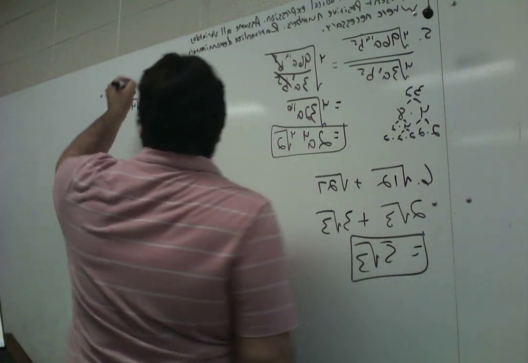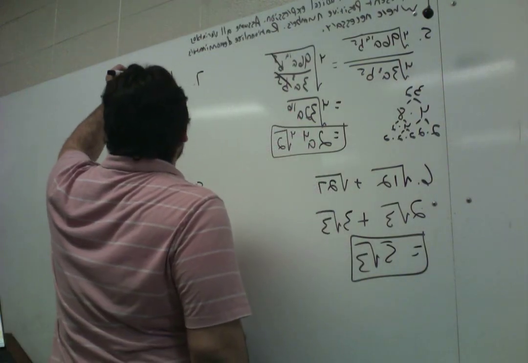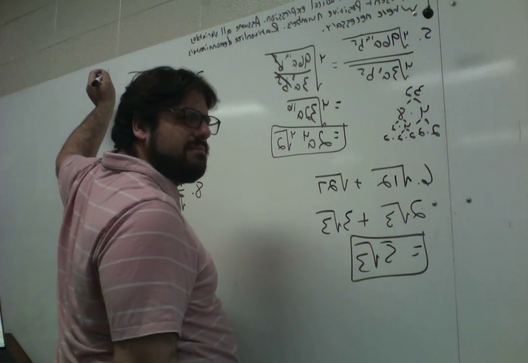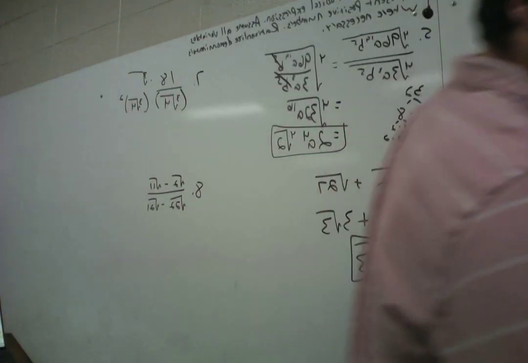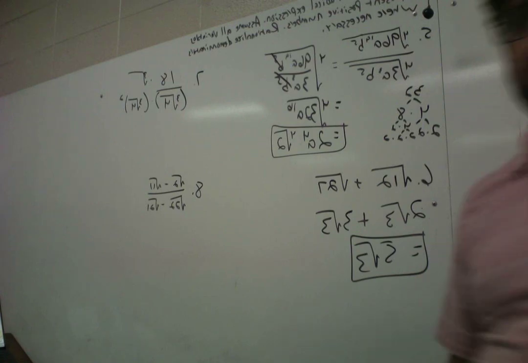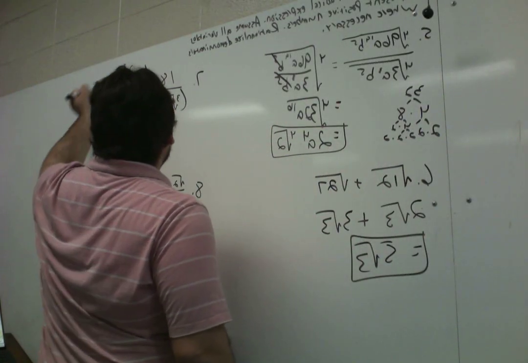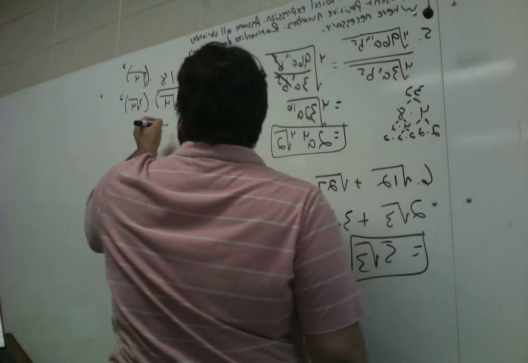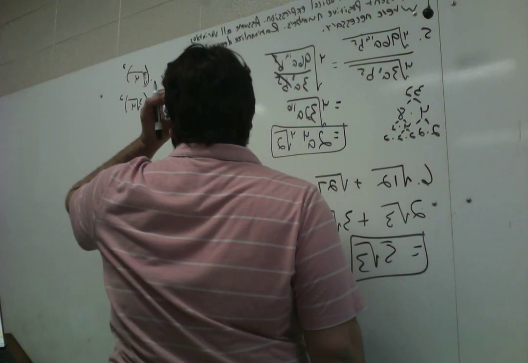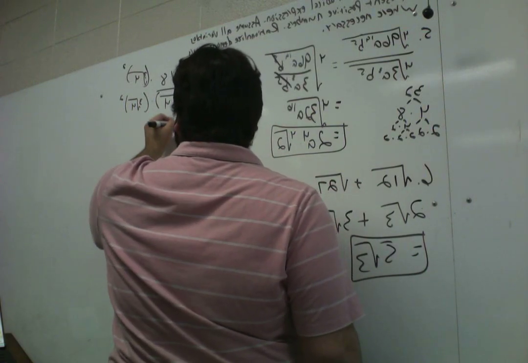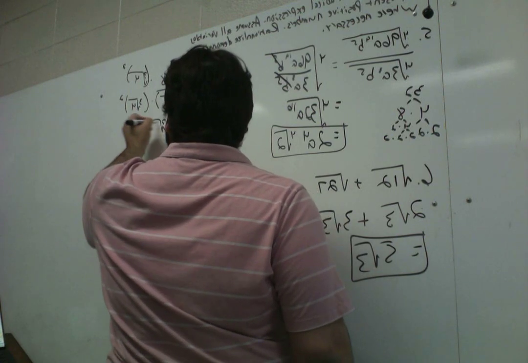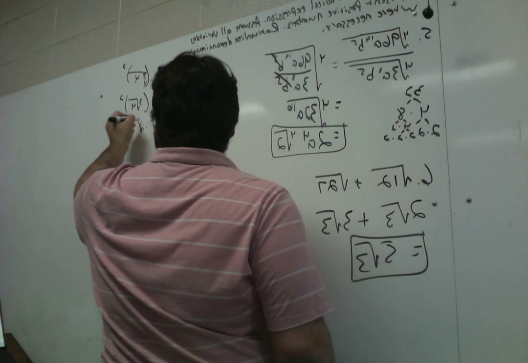Okay, now, in my numerator, I have 18 times the cube root of 4 times the cube root of 4.